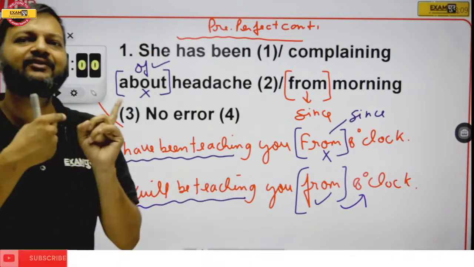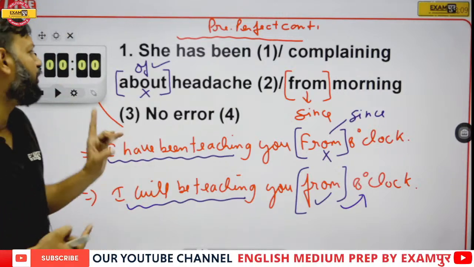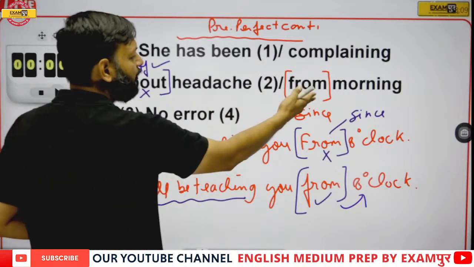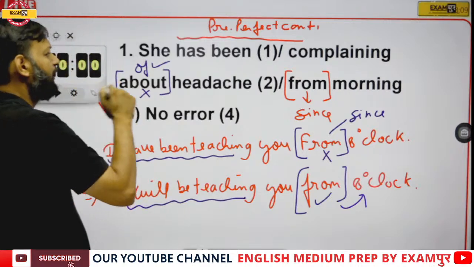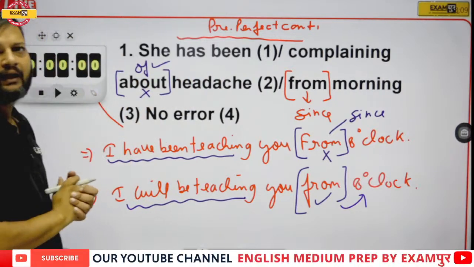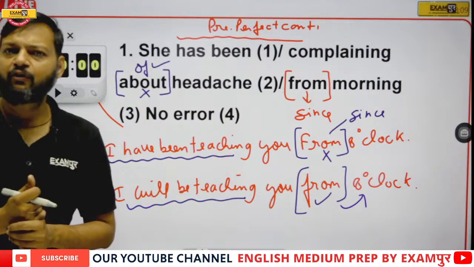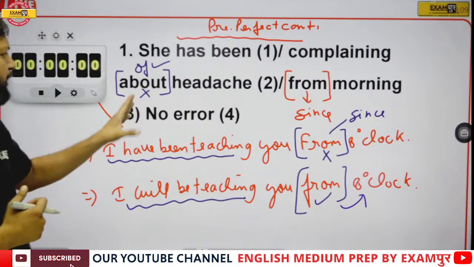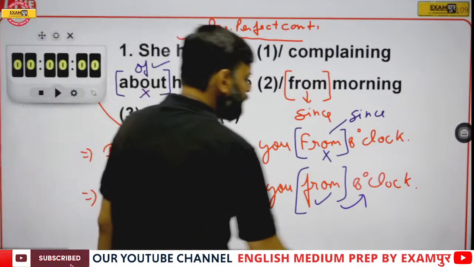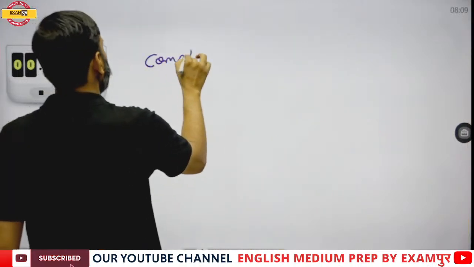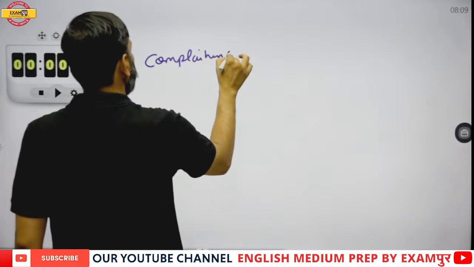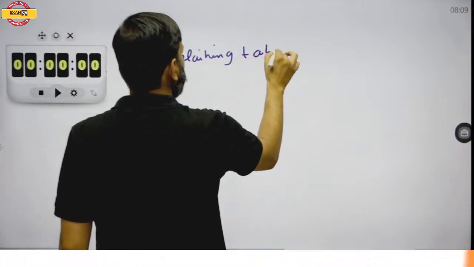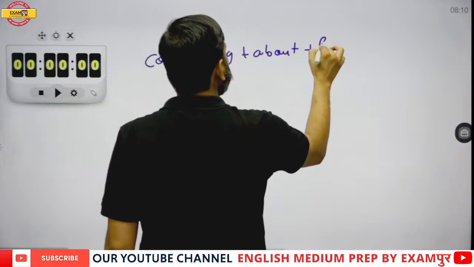But as far as this sentence is concerned, here one more error is there. Besides from, complaining will be followed by about, or of in place of about. Why so? Because complaining plus about is used with a problem.